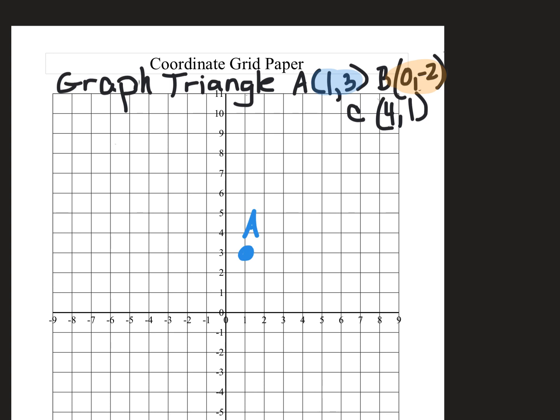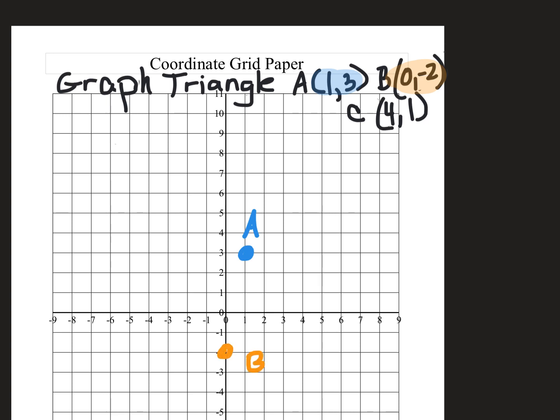Don't put it here. If I write something in red, do you remember what that means? It's wrong, yes. Anytime I give you examples, if you see red ink, that means I have deliberately made a mistake. This is a pretty common mistake that I see a lot, that they put it on the -2, but that's the -2 on the y-axis. So it shouldn't be going there. It should go down here.